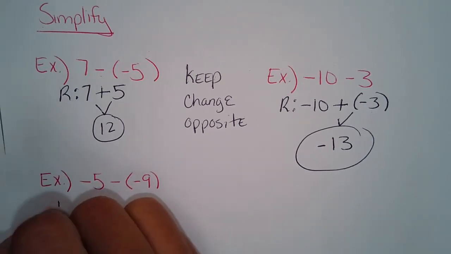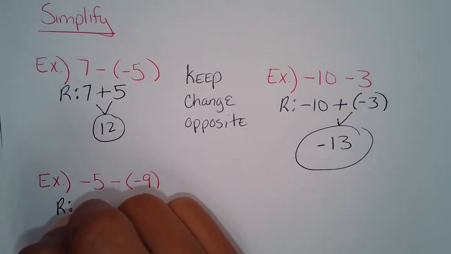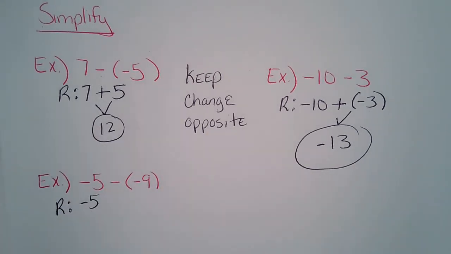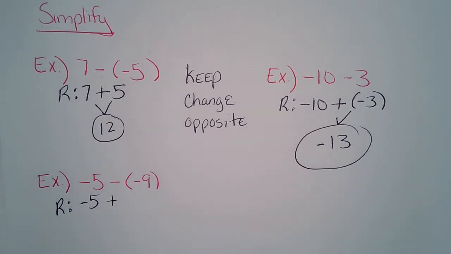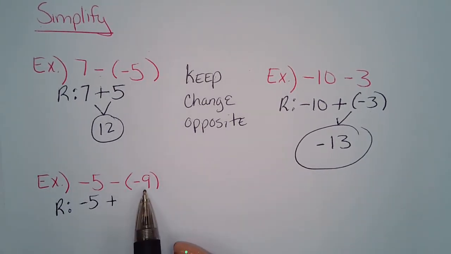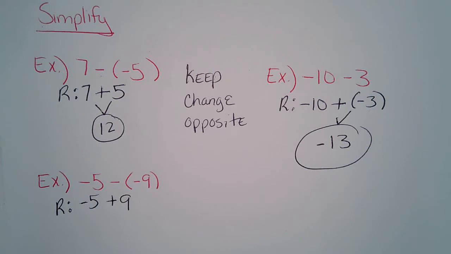All right, so again, my R is for rewrite. Following my phrase, keep the first number the same. Change my subtraction to addition. Take the opposite of the last integer. So the opposite of -9 is +9. And then you go back to your rules for adding integers.